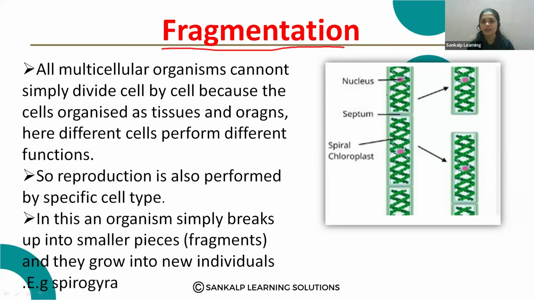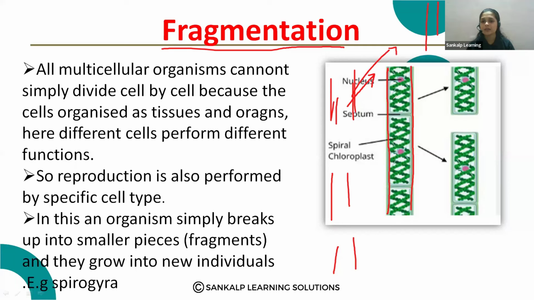Just imagine this is Spirogyra. It will simply break into 2 pieces like this or 3 pieces. Each of these pieces is called a fragment, and each fragment will develop into a new Spirogyra.